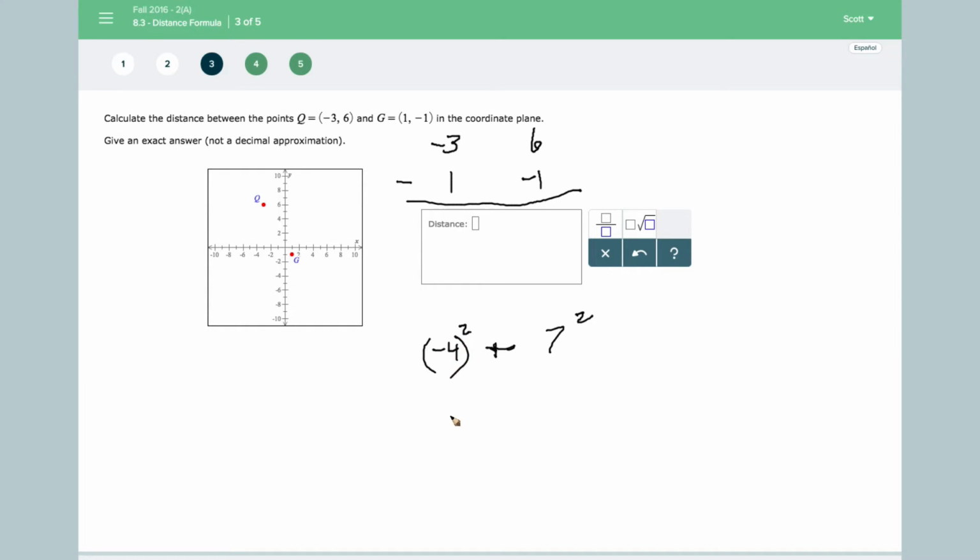What's -4 squared? That's 16. Plus what's 7 squared? That's 49. 16 plus 49 is 65. And we'll take the square root of 65, and that's our answer right up here. The square root of 65.